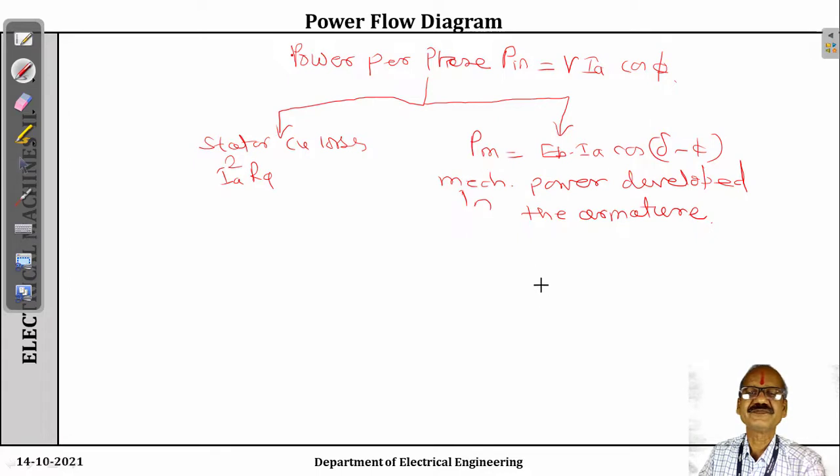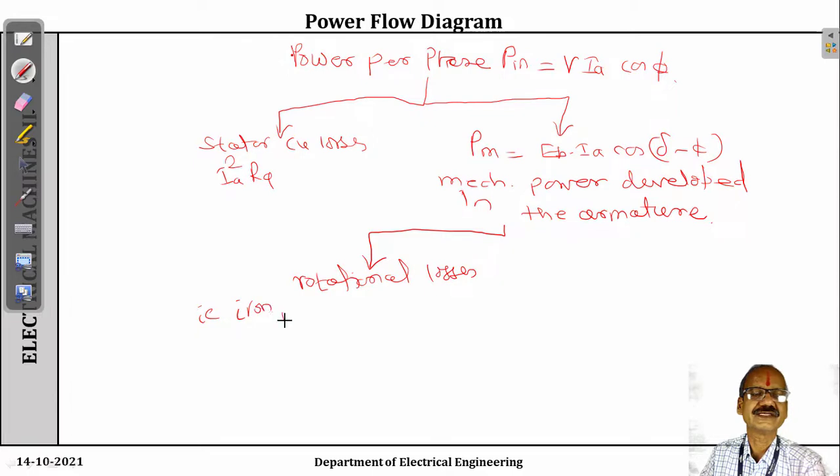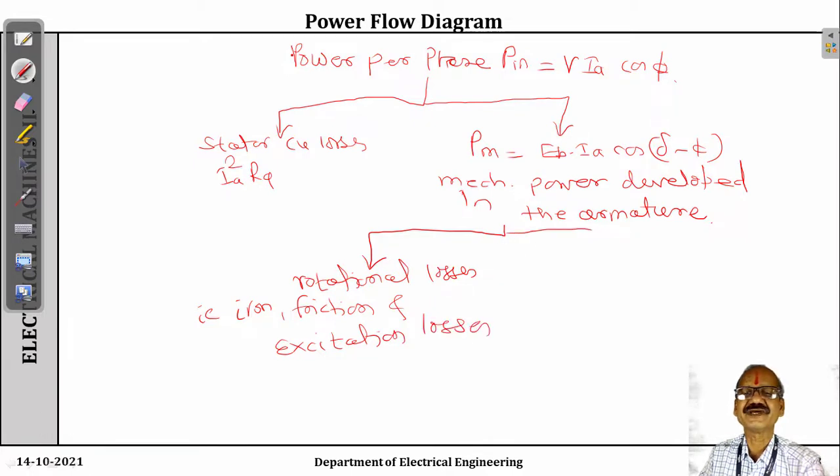Okay. Out of this P_m, here are the rotational losses, that is iron, friction, and excitation losses. And the rest of the power is nothing but P_out, output power at the shaft.